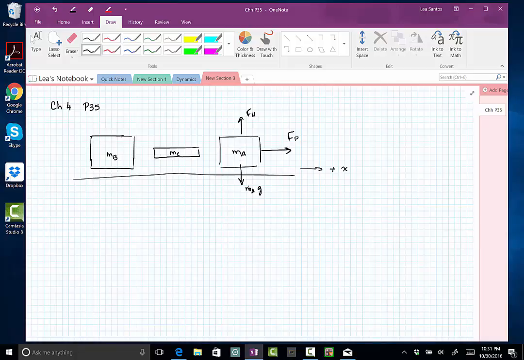All right, so I'm going to focus only on the horizontal forces. Okay, on box A, we have that FP. I'm pulling this box. Now, box A exerts a force on the cord. It pulls the cord, the cord reacts and pulls it back. So this is the tension that we call tension A in the drawing.